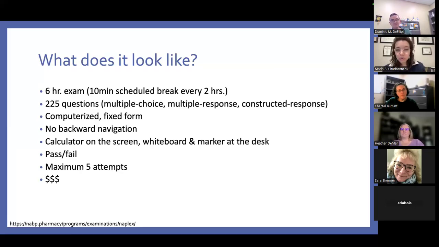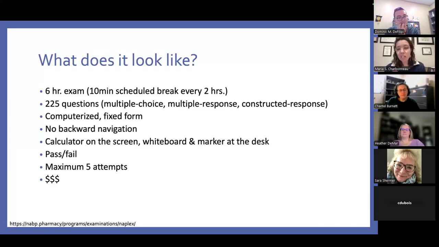And it's extremely particular in terms of how you answer the questions that you have to write in. They'll tell you if they want it rounded. They'll tell you if they want the answer to have a decimal point or not. So all of those things go into the NAPLEX, and it can be pretty stressful in a lot of ways.